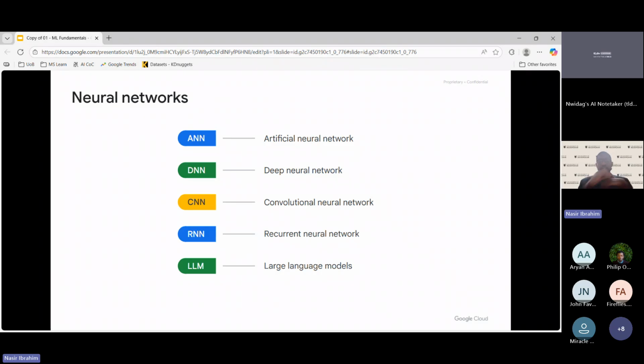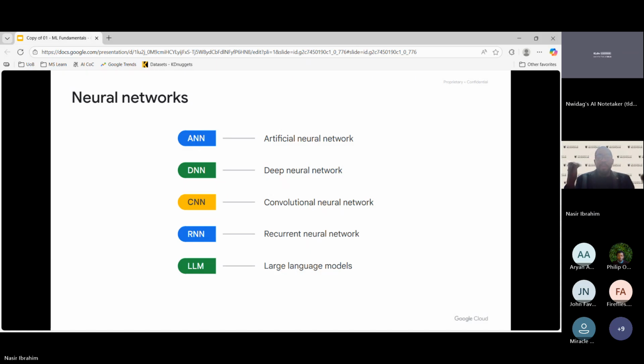So neural networks, with the example of the cat and the dog, for example, you can have different algorithms. And one of the algorithms that you can apply is a neural network. Now, neural network is the foundation of LLMs now that we have, or convolution neural networks that we have now, or the current neural networks that we have now.